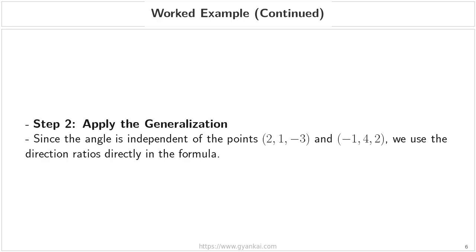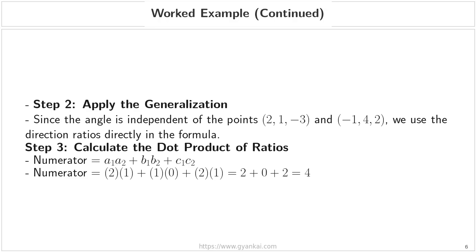We can simply apply the generalization we learned by using the direction ratios we just identified directly in our cosine formula. This brings us to step 3, where we begin the actual computation by calculating the dot product of these ratios, which forms the numerator of our fraction.